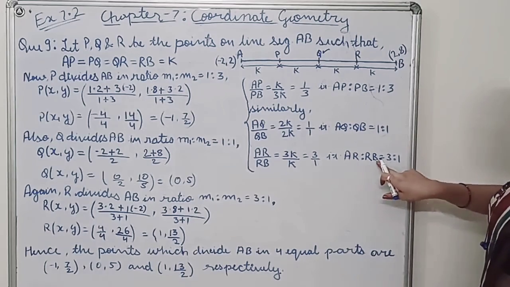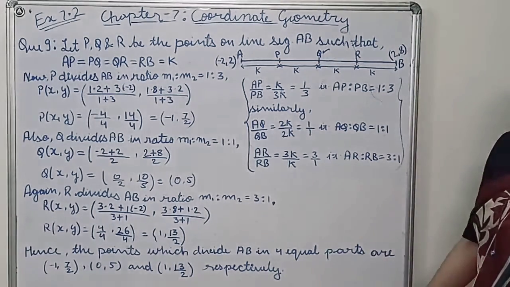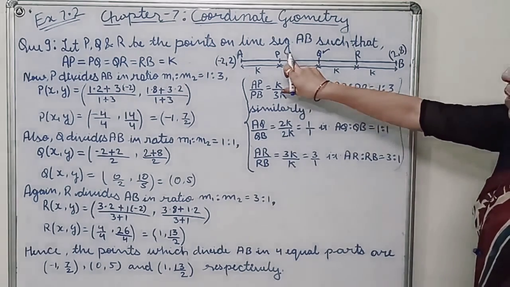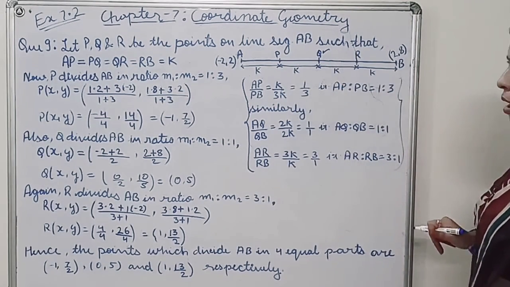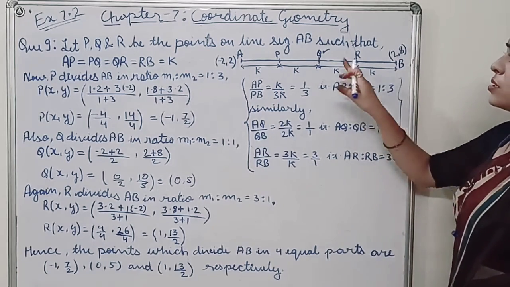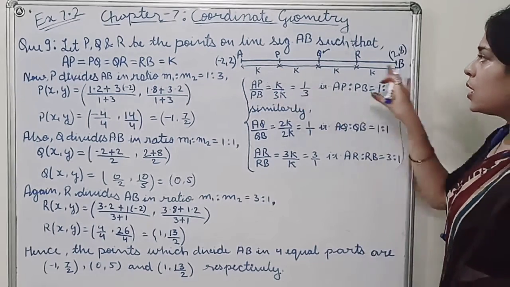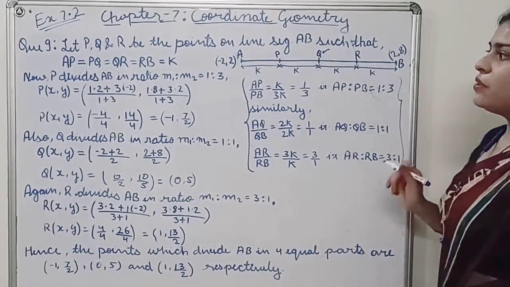Okay, AR is to RB is 3 is to 1. Now using these ratios only, we will find the coordinates of P, Q and R, which are the points of division of the line segment dividing AB in 4 equal parts.